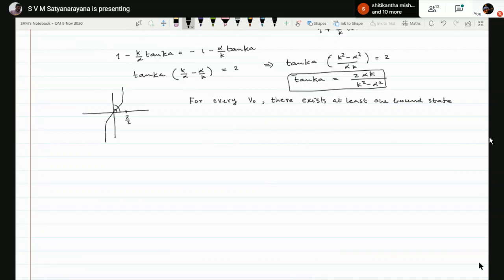That means there is no threshold V naught necessary for existence of a bound state.